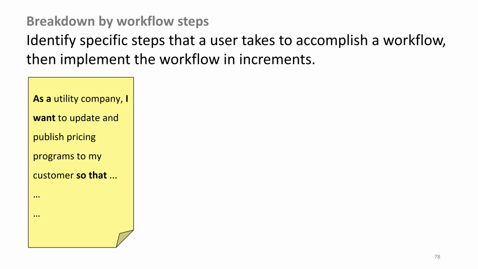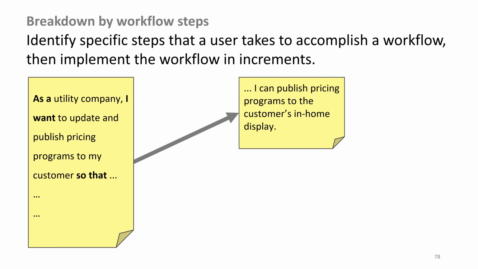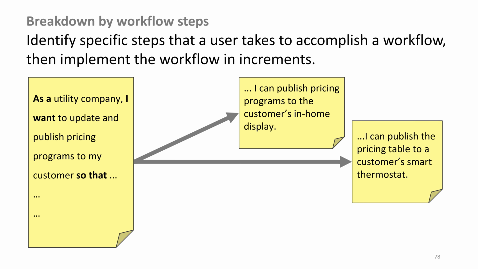As a utility company, I want to update and publish pricing programs to my customer so that I can publish pricing programs to the customer's in-home display. I can publish the pricing table to a customer's smart thermostat.